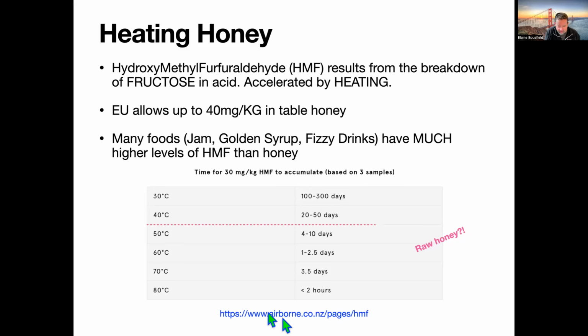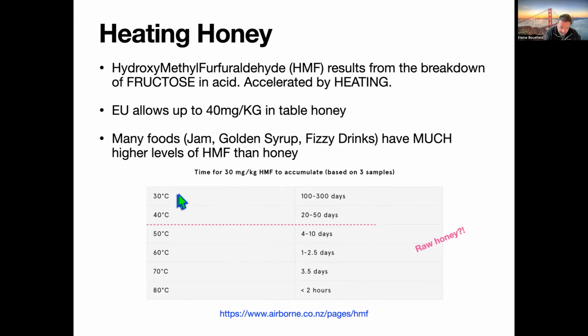But based on some research done by someone I met in New Zealand a few years ago, who runs Airborne Honey, these are how many days it takes to produce 30 milligrams per kilogram of HMF at these temperatures.